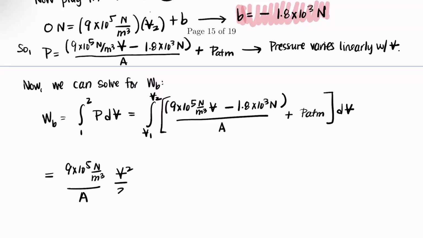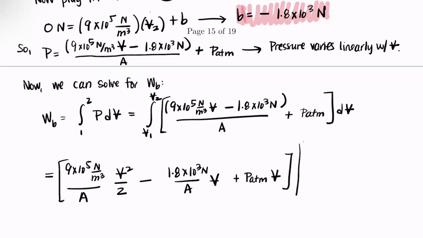V squared over 2. And then we have minus 1.8 times 10 to the 3 newtons divided by A. dV just integrates to V. And then we have plus P atmosphere times V. And we're going to evaluate all of these terms between V1 and V2.